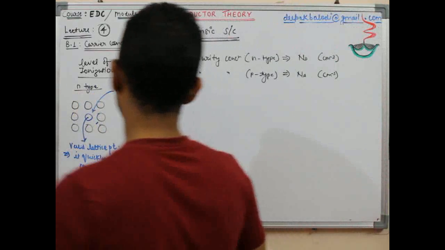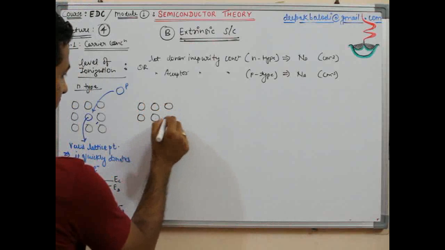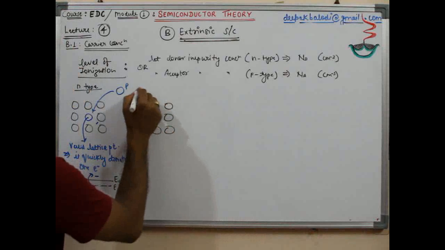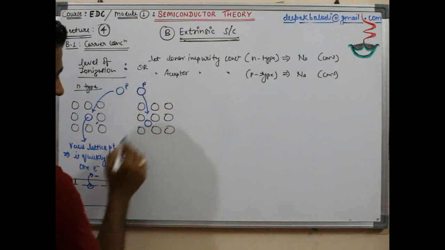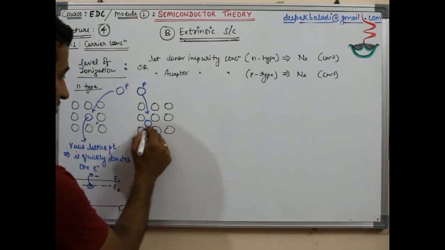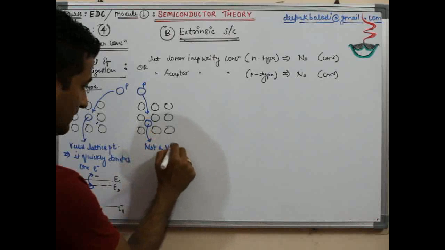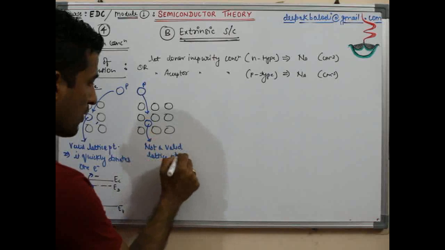But if the same thing happens with this, so earlier the scenario was this, but the same phosphorus atom comes and sits somewhere here, then this is not a valid lattice point.